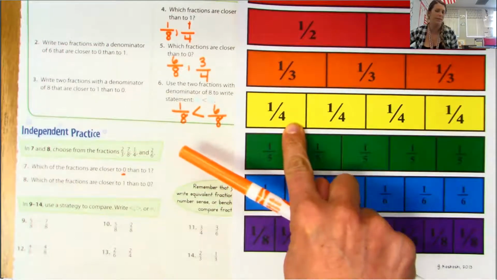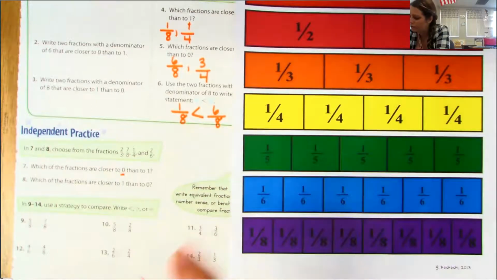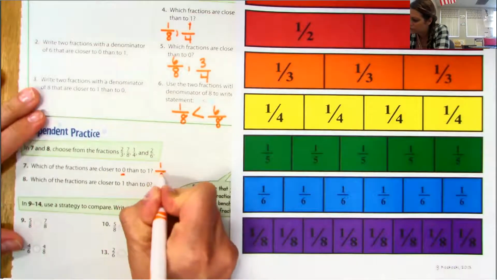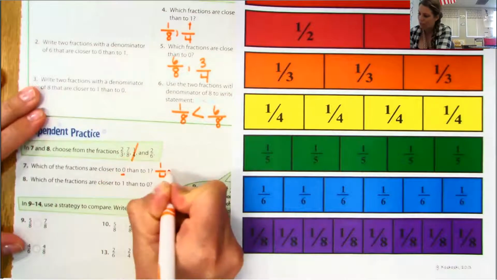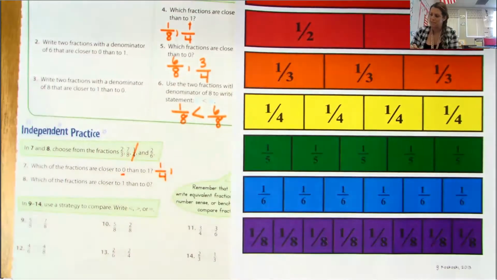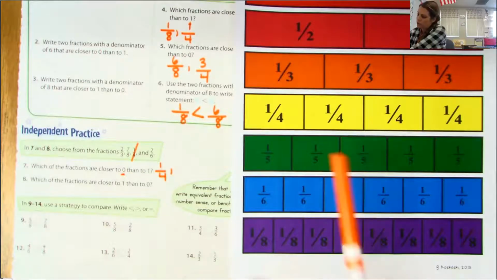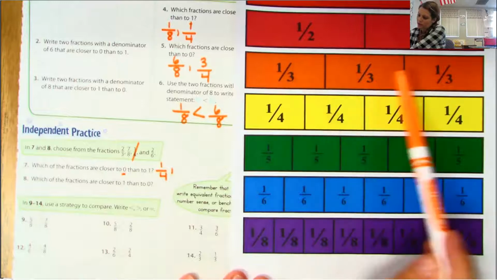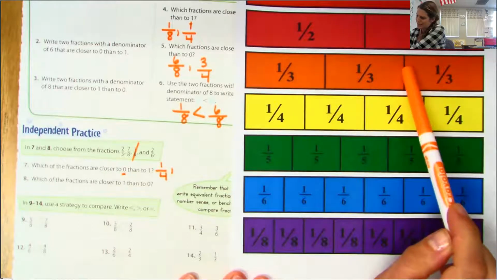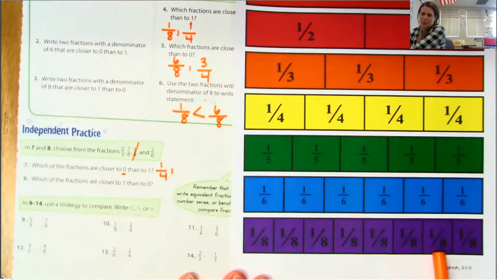Do you agree? Yeah. So 1/4 is going to be closer to 0. What's another one that might be close to 0? Take a minute. Let's see. We've got 2/3, so that'd be to here. 7/8. 7/8 would be all the way over here. That wouldn't be right. Or 2/6.